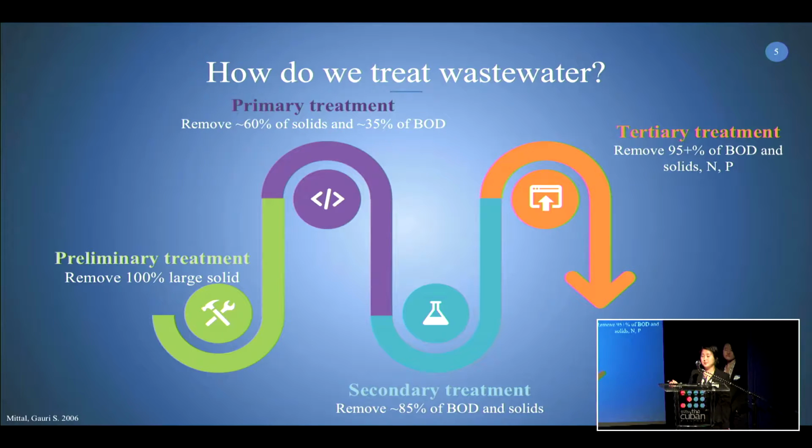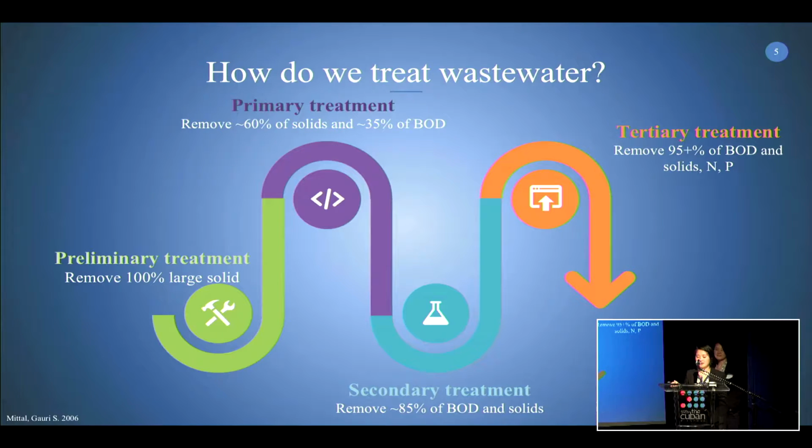Then we move on to primary treatment, which removes 60% of solids and 35% of BOD. And usually this consists of a mechanical process, including sedimentation tanks and separation by flotation. Secondary treatment removes 85% of BOD, and this usually consists of biological treatment, such as activated sludge processes.